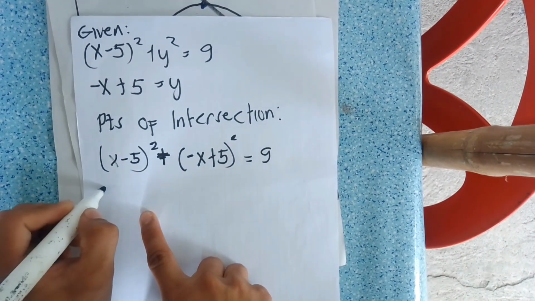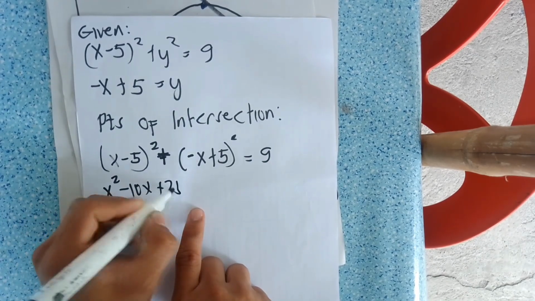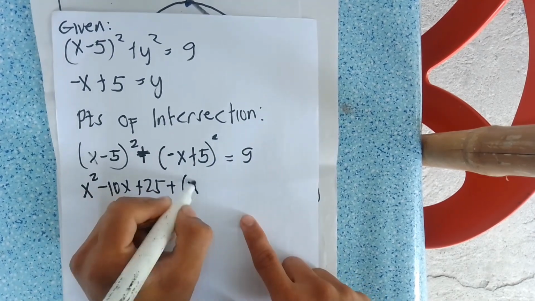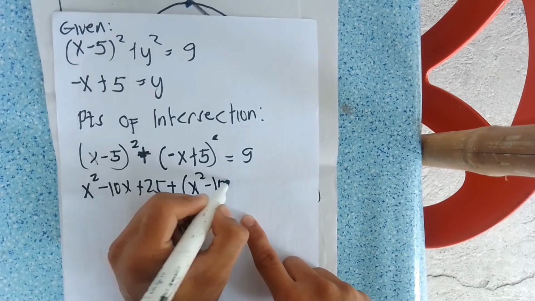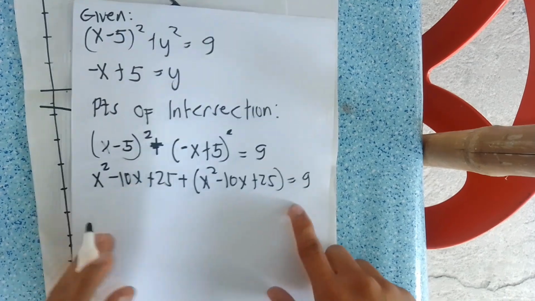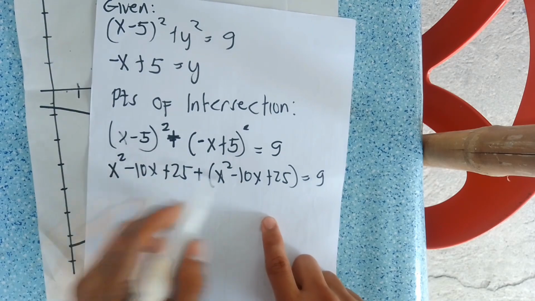So for example, let's expand. Let's see what is negative, so just copy the sign. This is x squared minus 10x plus 25 is equal to 9. So this 10x, combine it.